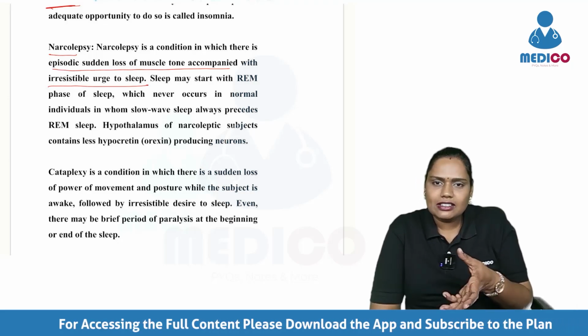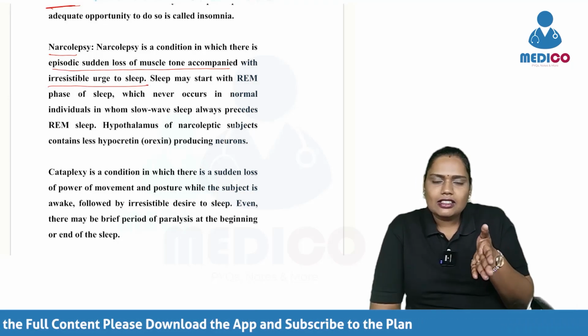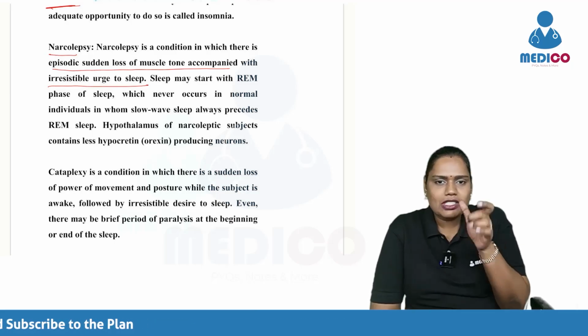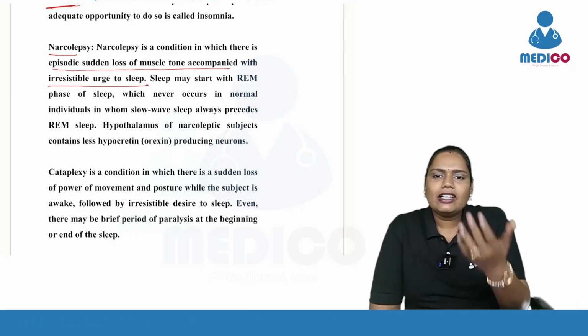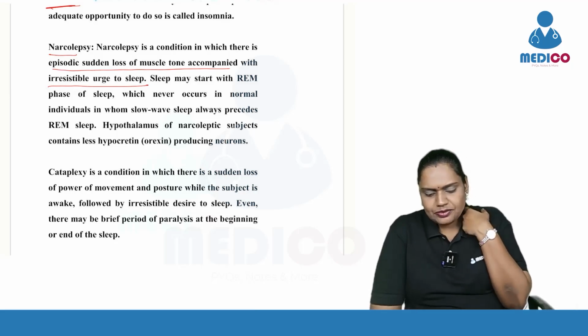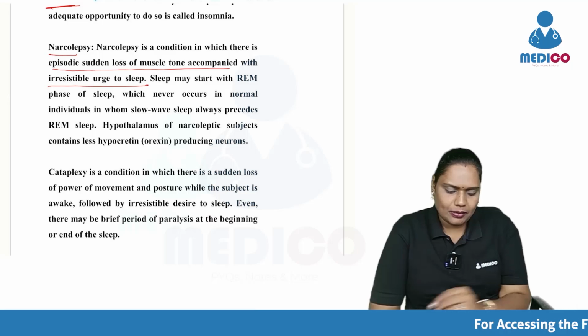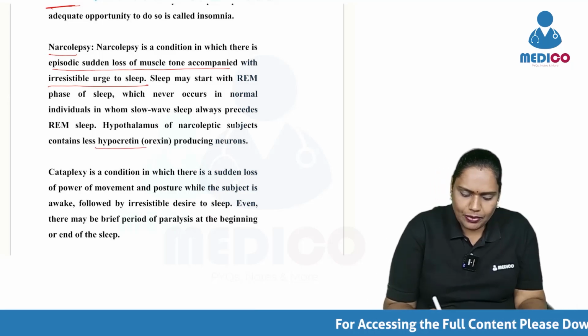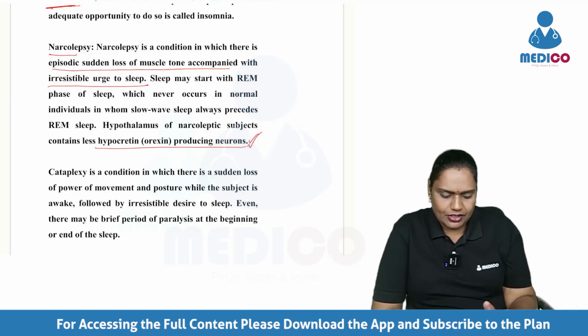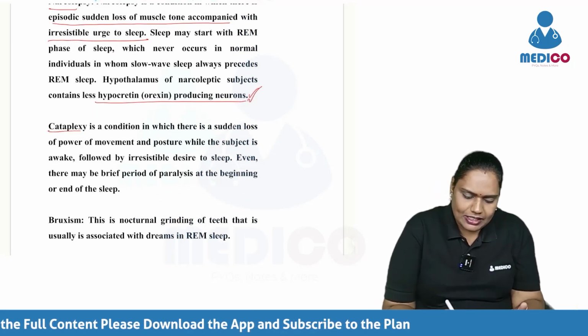So when we do a sleep study, the patient with narcolepsy will have no sleep latency, and immediately they will fall into the REM phase of sleep. And also the hypothalamus of narcoleptic subjects contains fewer hypocretin producing neurons. Then, what is cataplexy?